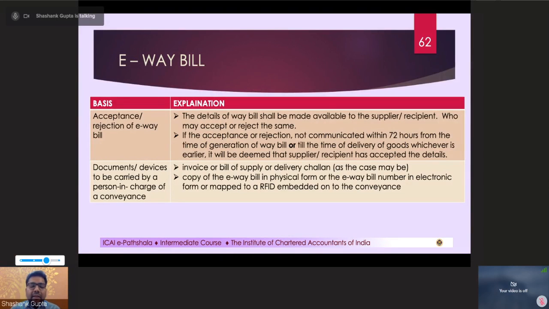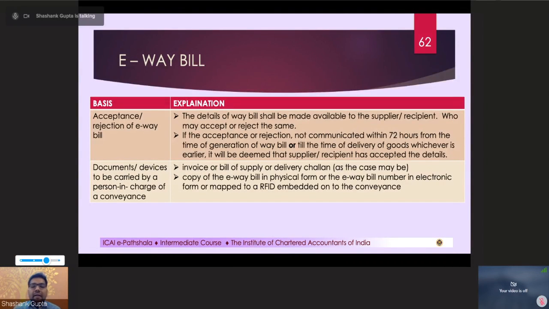Similarly, a document by the name of e-way bill will also be issued. What's the difficulty? My dear friend, the government is now becoming increasingly based on technology. And thus, technology has stepped in here also.